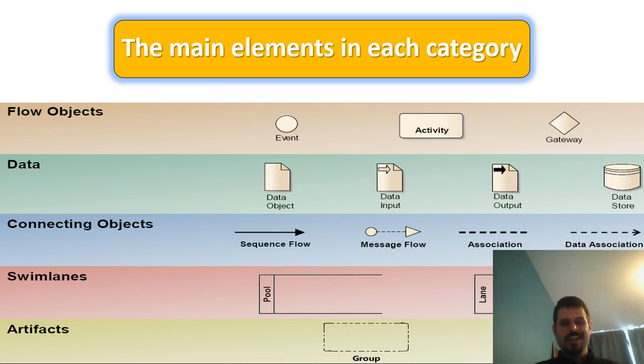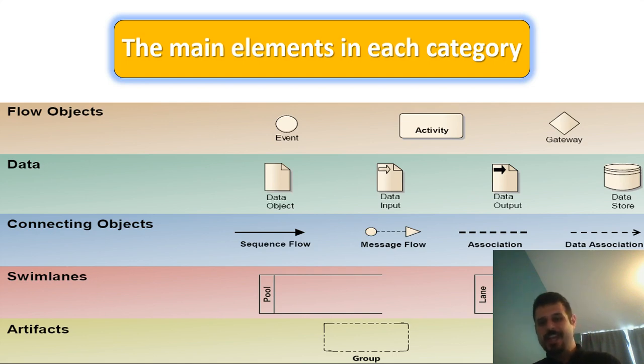Now we need to connect these elements to each other. We want to use connecting objects like sequence flow, message flow, association, or data association. Also, we need to display the boundary of our processes. We need to use a pool. And as I said, we should display the role of each worker among the processes.